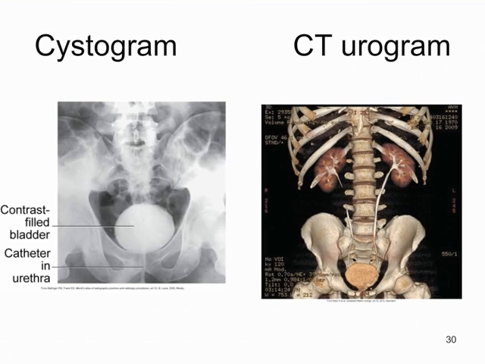So here are 2 images. The one on the left is a traditional cystogram. So it's a radiographic image of the bladder, and you can see that it's been filled with contrast media via a catheter. The other is a CT urogram.